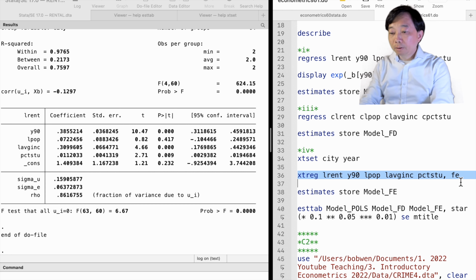Before using the xtreg command, we should specify the panel variable and the time variable for the panel structure using the xtset command. We let Stata know that the basic unit of the panel data is a city, and the time dimension is a year.